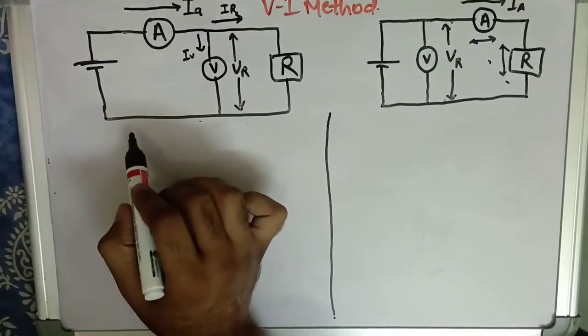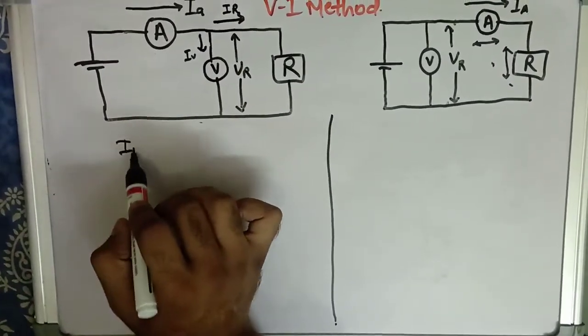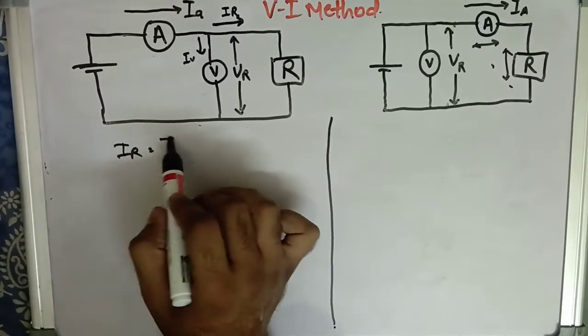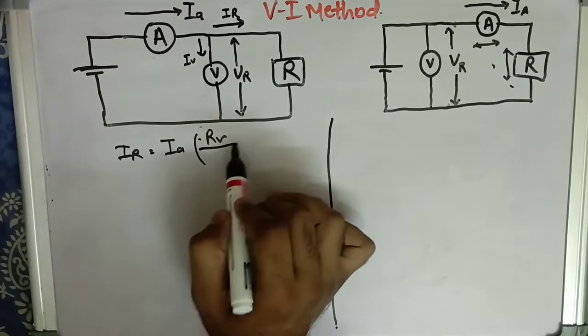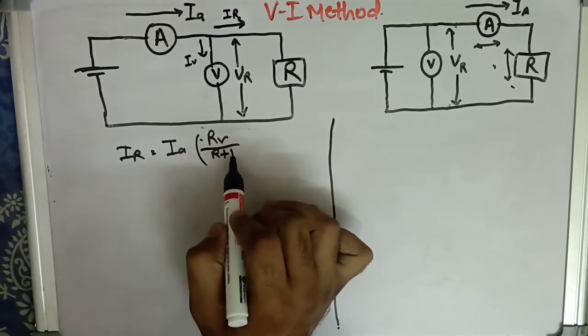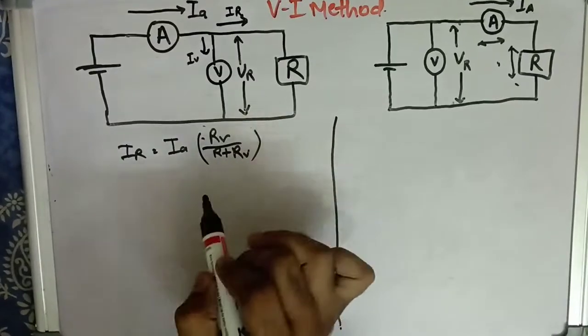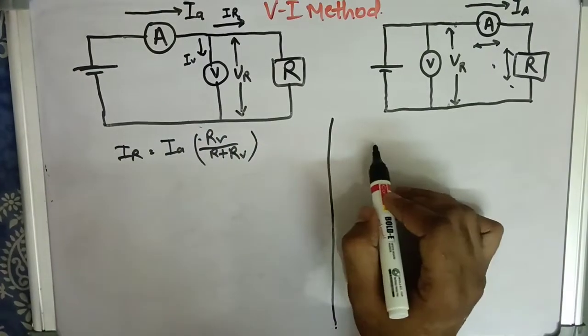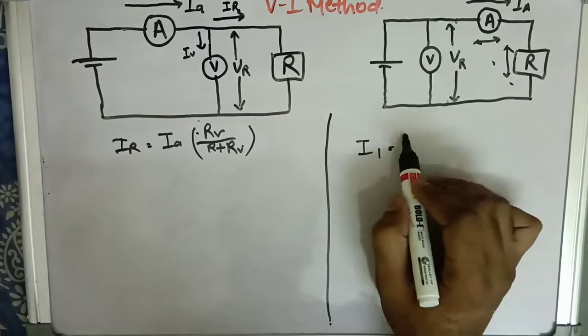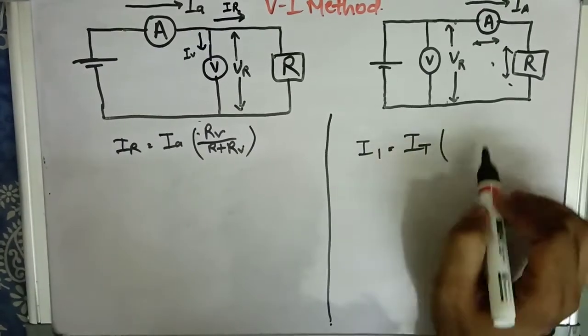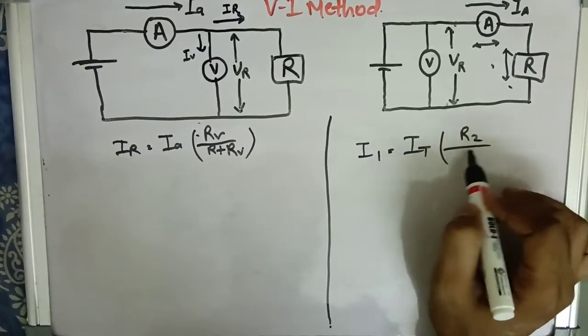So we can see IR will be equal to IA into RV upon R plus RV. That comes from the current division rule, which says I1 equals I total into R2 upon R total.